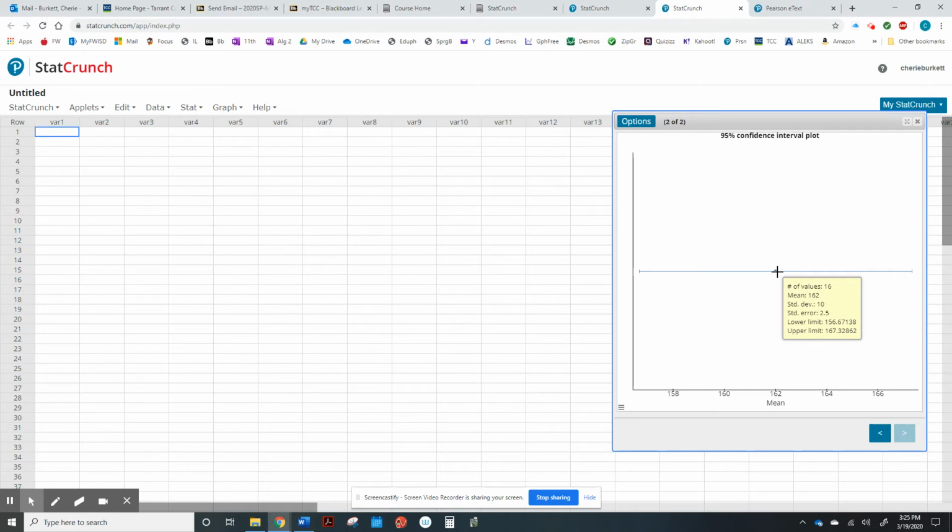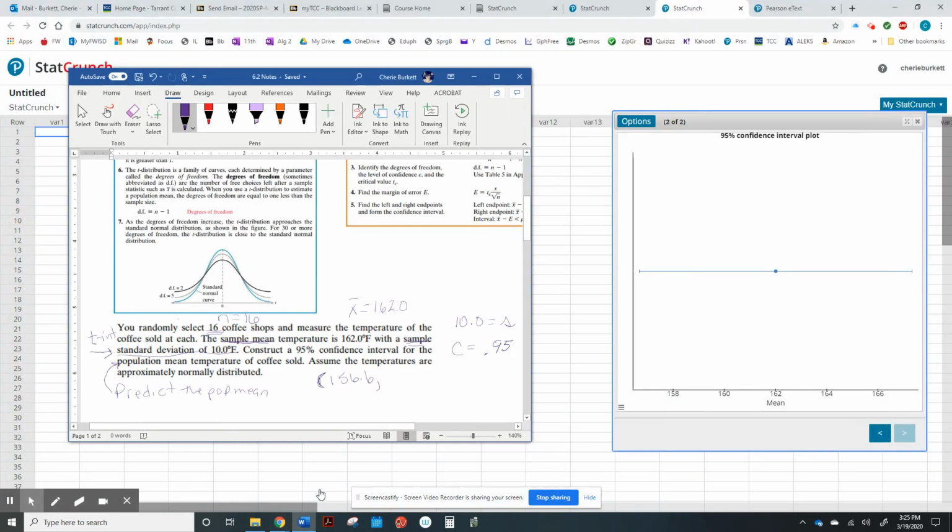Round to 2 decimal places, we'll do that. 156.67 and 167.33. Okay, so there's the interval.